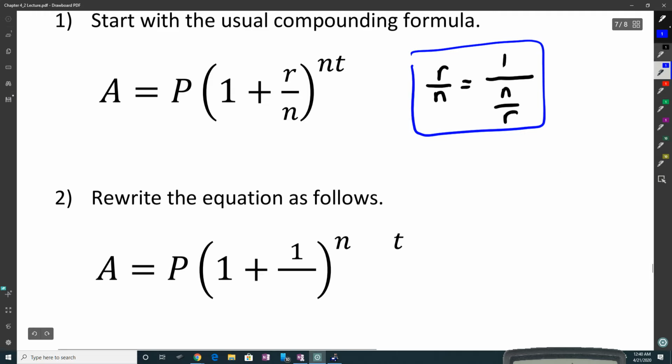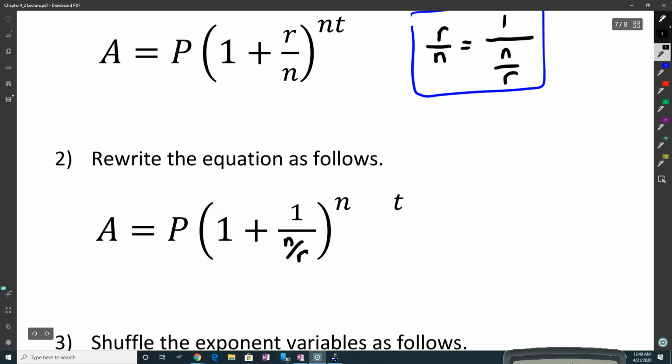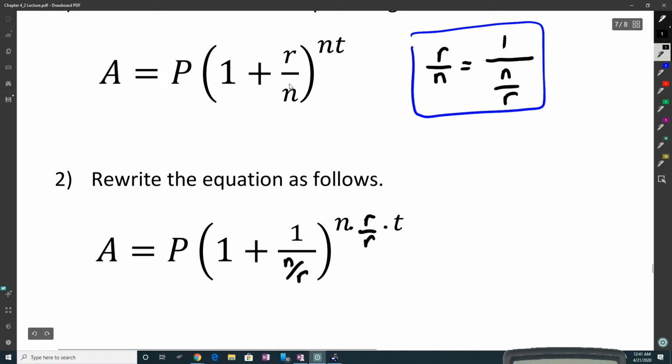So in this next equation, I'm going to put 1 over n over r, and I'm going to put r over r right here. Perfectly legal. Anything over itself is 1. Multiplying by 1 doesn't change the equation. And I just showed you that r over n is the same thing as this.